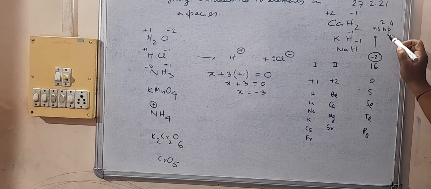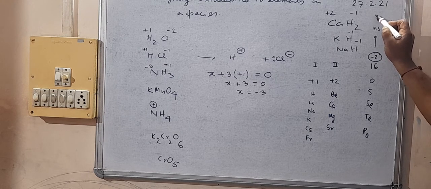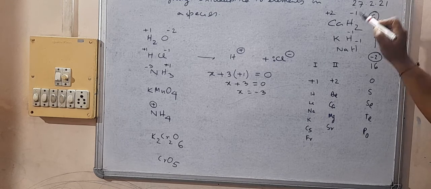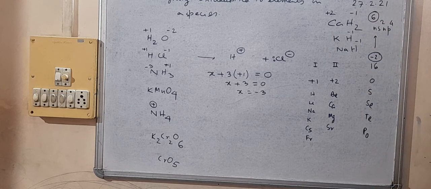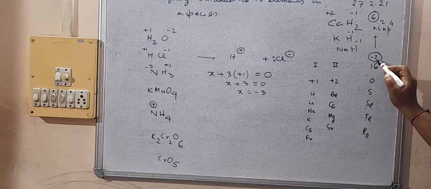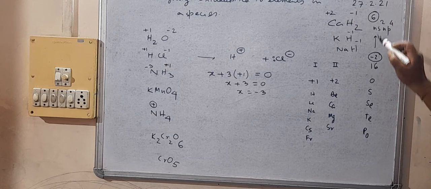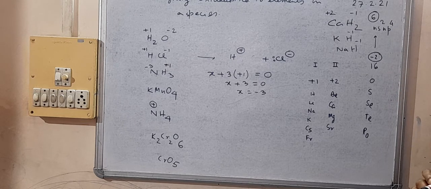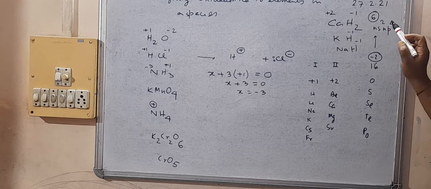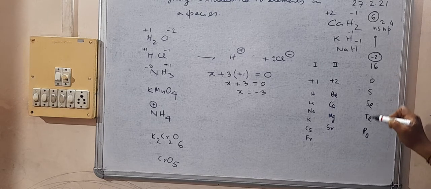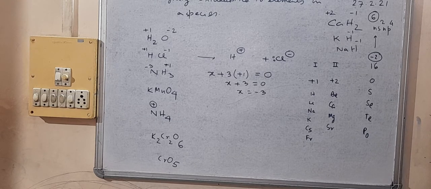So they have 4 plus 2, 6 electrons in the outermost shell. So their oxidation number minus 2 comes out as 8 minus 6. How much? 2. And why is it minus 2? Because they are electronegative elements. That's why it is minus 2.